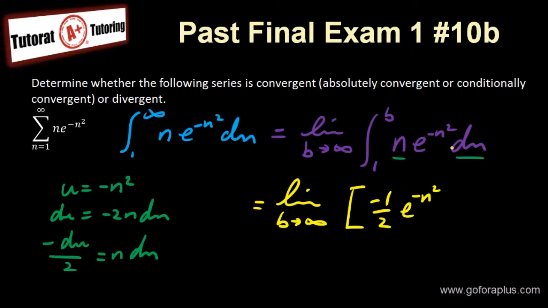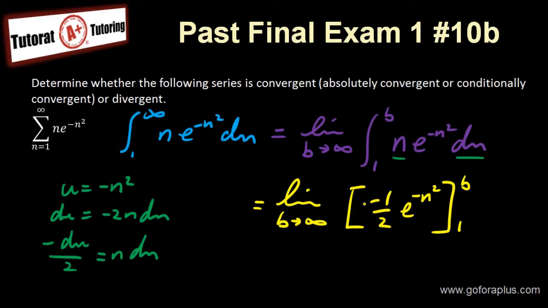Okay, now I'm not going to go through all the detail on how to do the integral because I want to focus on the series here. So this integral is giving me 1 to b. Okay, so if you go through it in detail, replacing the u and then solving the integral, you get to this answer here.